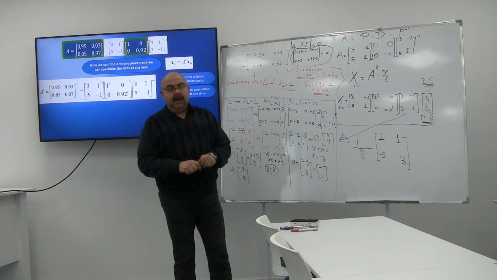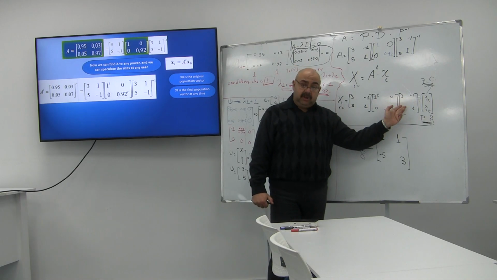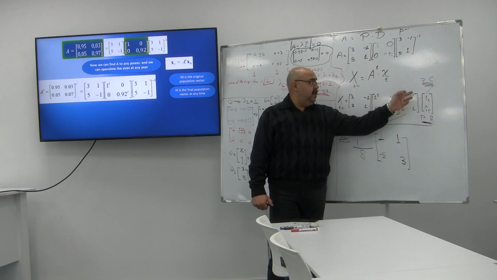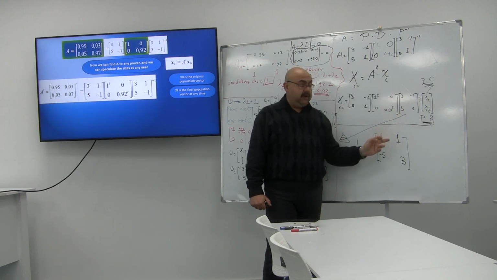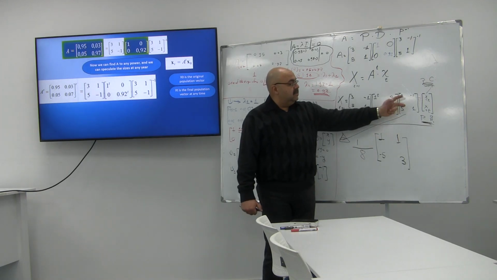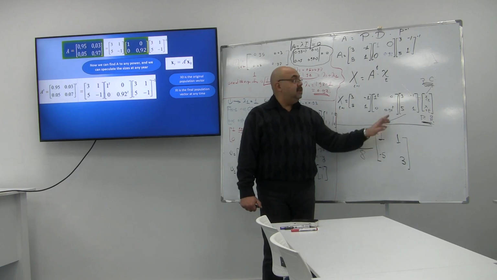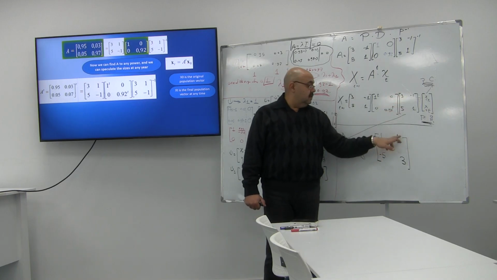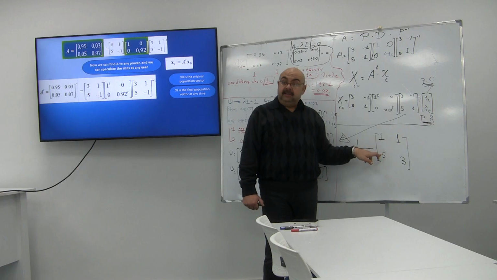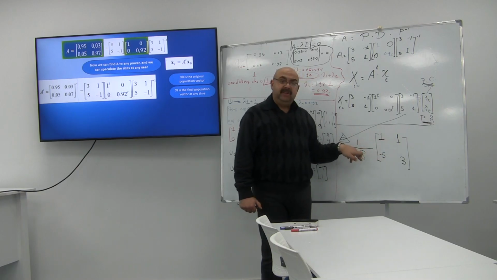Once more: I calculated the value of the determinant, which is simply 3 plus 5, which comes up to 8, so it will be 1 over 8. Then I replace the elements of the principal diagonal: the bottom one goes up and the top one goes down, and I change the sign of the sides. So this is 1 and this is -5. Then each element will be divided by 8.